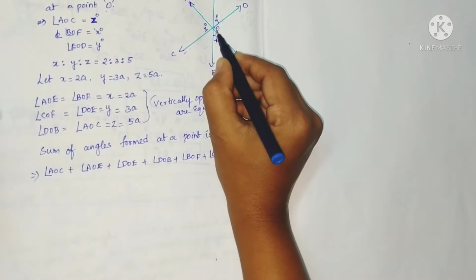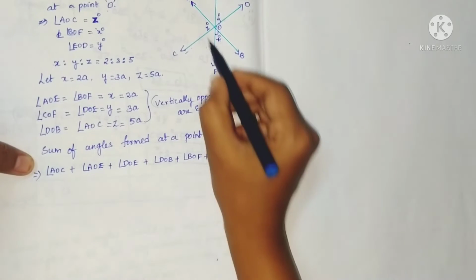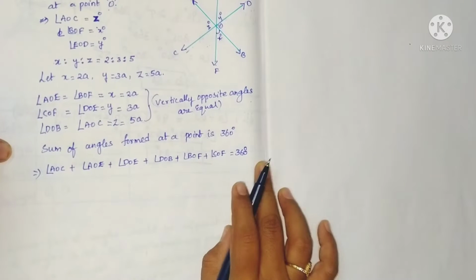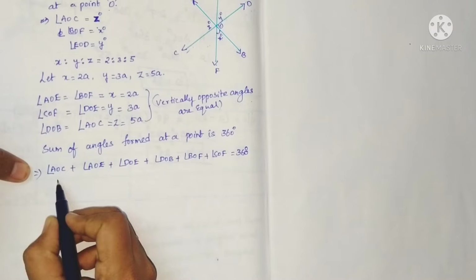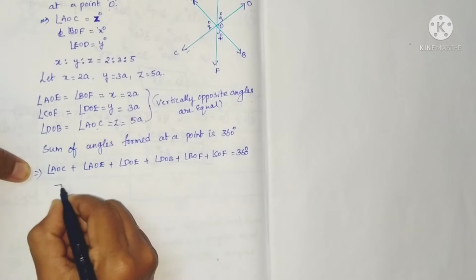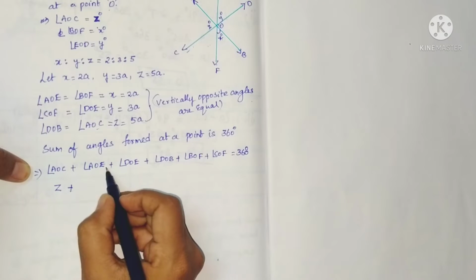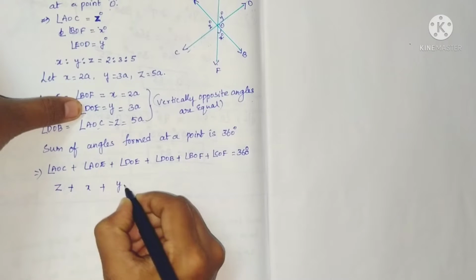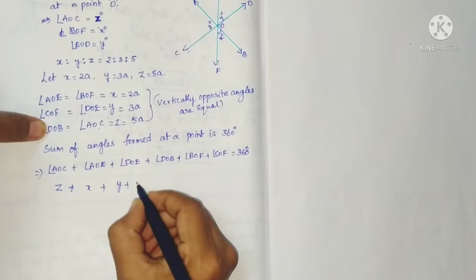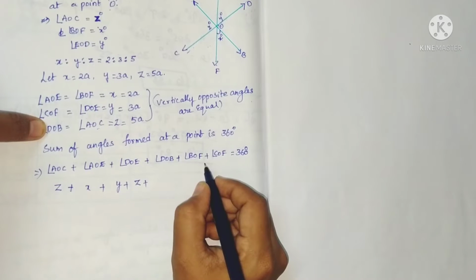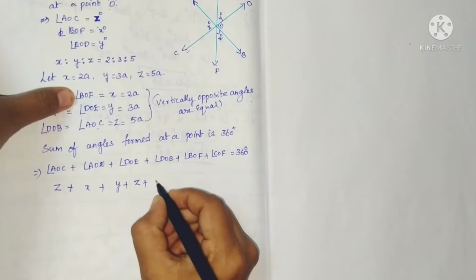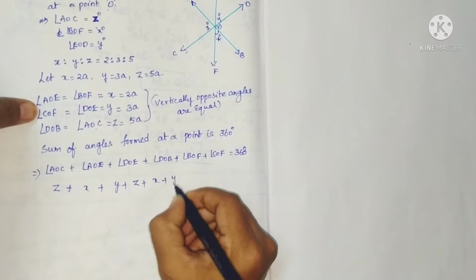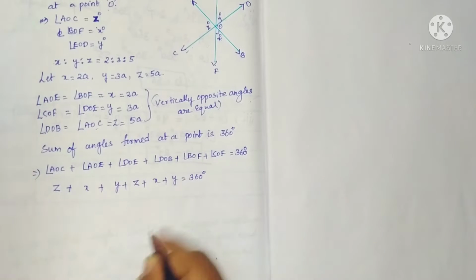So all the angles forming at this point O, I wrote all the 6 angles. Angle AOC is z, plus angle AOE, x, angle DOE, y, angle DOB, again z, angle BOF, x, angle COF, y, equals 360 degrees.